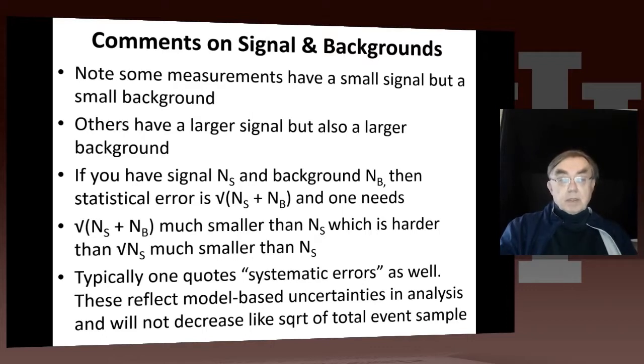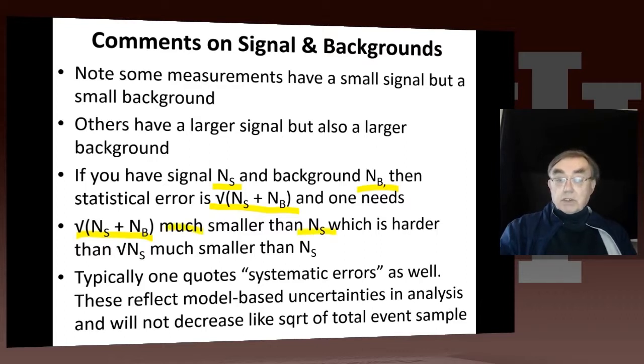So when you have a signal which is measured by a number of events and a background measured by a number of events, the statistical error is the square root of the sum of the signal plus the background, and you need this error to be smaller than the signal, or I should say, of course, as it says here, much smaller than the signal.